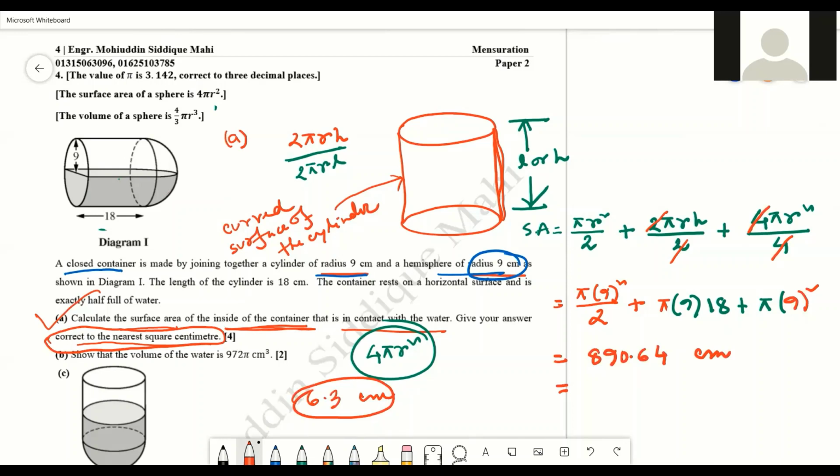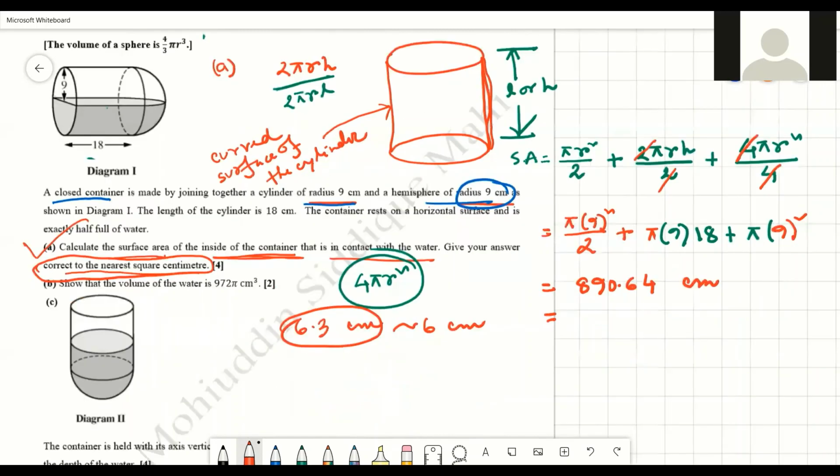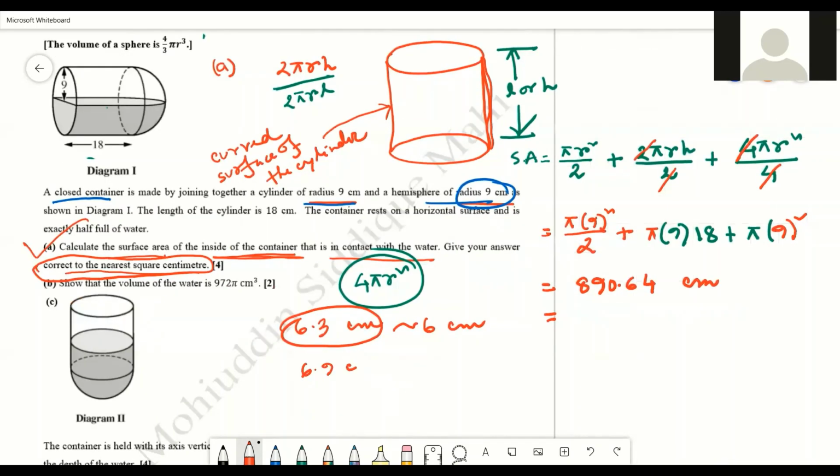Then what should the answer be? It will be 6 centimeters. Now, if the length of the pen is 6.9 centimeters, what should the answer be correct to the nearest centimeter? It will be 7 centimeters.